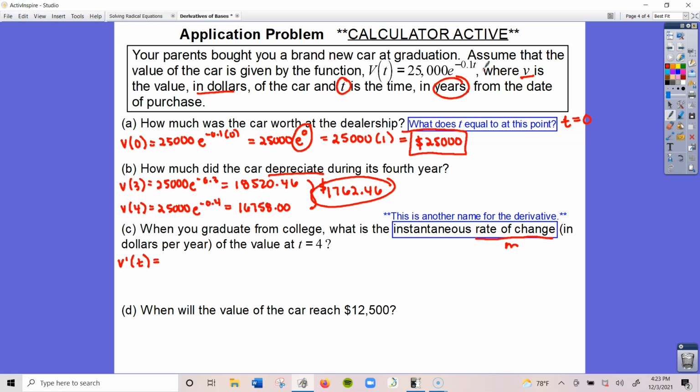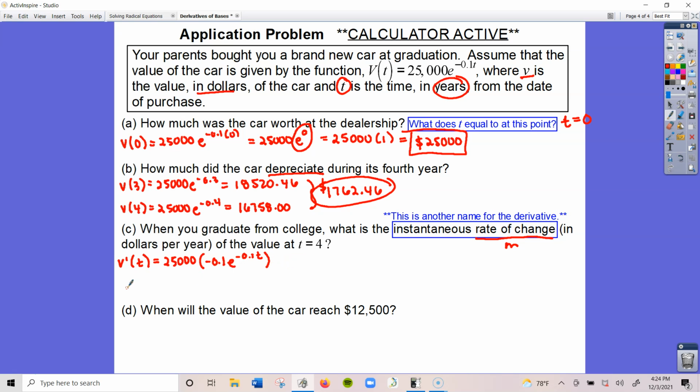So let's look at my function. Remember, 25,000 is a coefficient, so it's going to tag along. And now I'm going to multiply by the derivative of e. The derivative of e is the derivative of the exponent times the exponential itself. The derivative of negative 0.1t is negative 0.1 times the exponential, so e raised to the negative 0.1t.